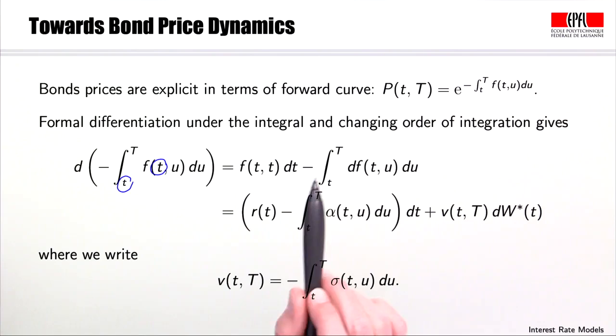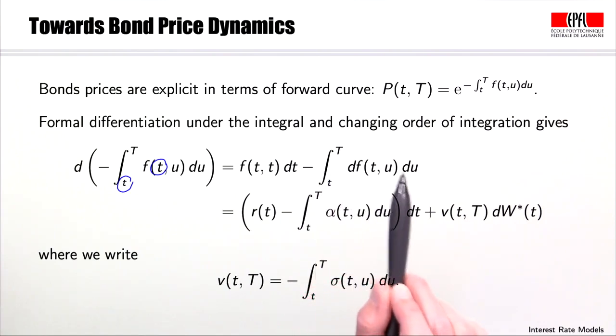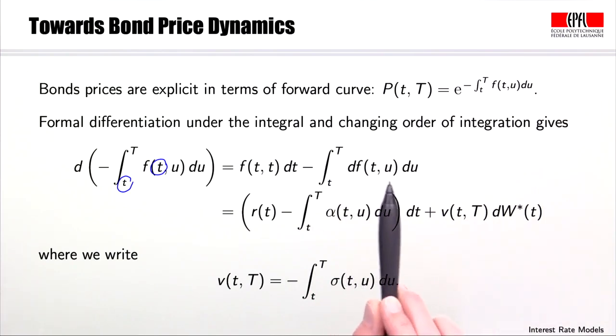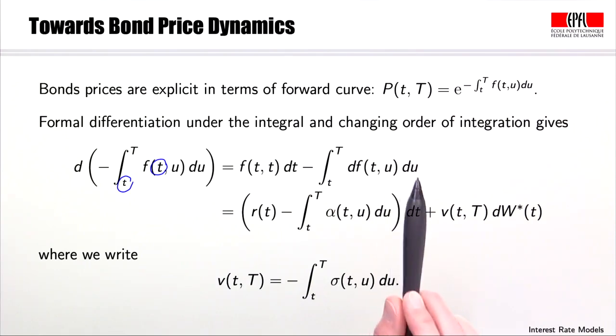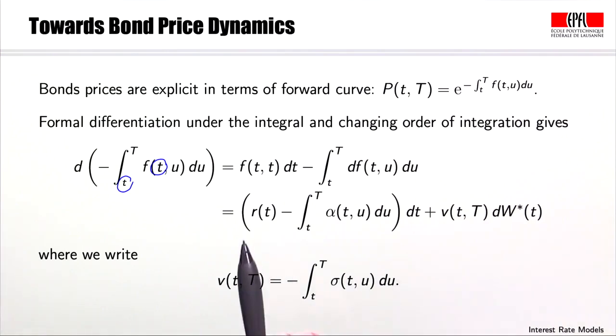minus the integral of the differential of the integrand. We then plug in the differential of the forward rates and change the order of integration, dt du, and the same with dW star t du, and we arrive at the second line here, where we use shorthand notation and define V(t,T) as minus the integrated forward rate volatility.